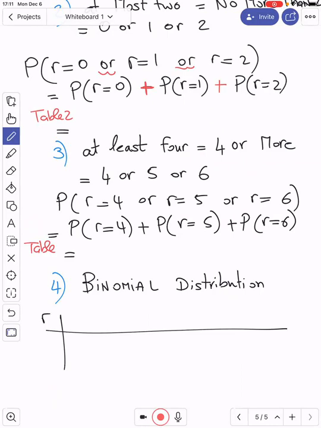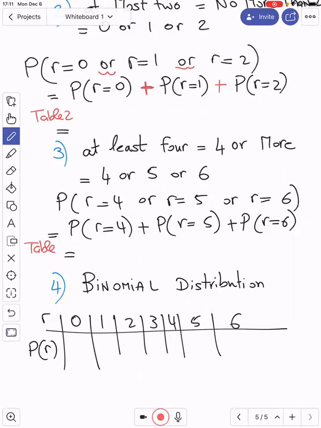And then you need to find the probability of R. R, of course, number of successes, because in total we have 6 businessmen, right? So R goes from 0 to 6. So you can have R0, R1, 2, 5, and 6.